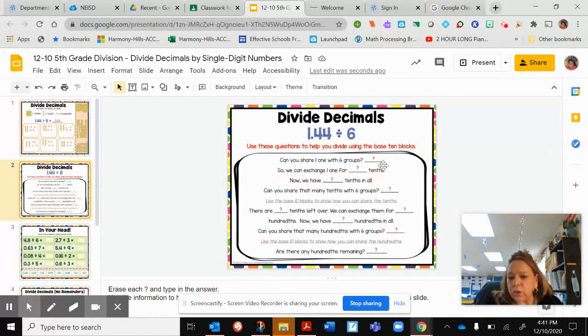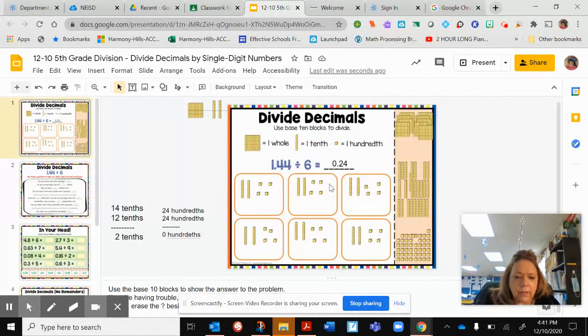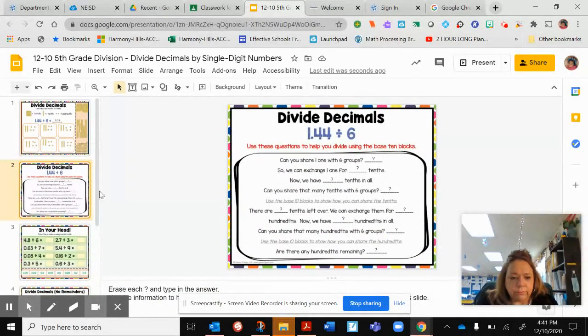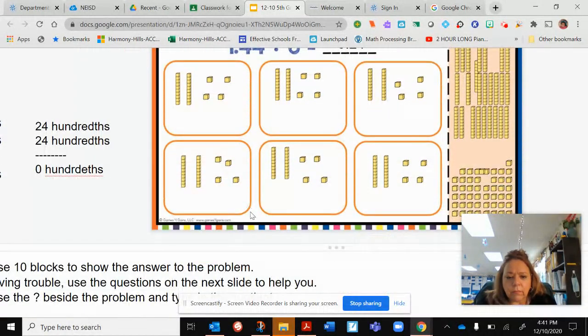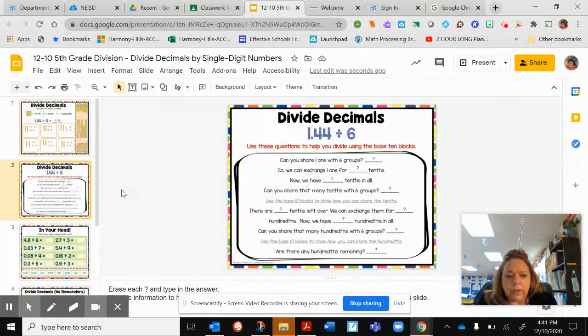So can you share one with 6 groups? And the answer here is no. And I'm going to enlarge this here. Okay, I want to enlarge. No, I want to enlarge this one.